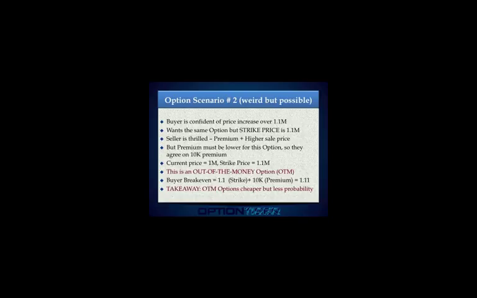And for a seller of out-of-the-money options, probability is on his side. But if the out-of-the-money option does become profitable for the buyer, then the return on his investment is probably going to be much more because his investment was much less.